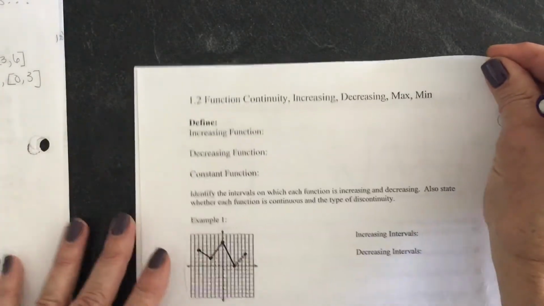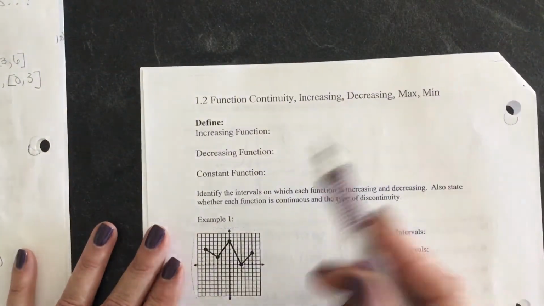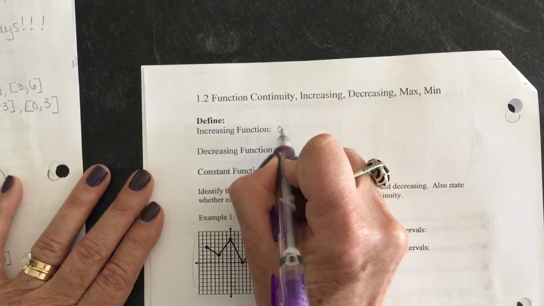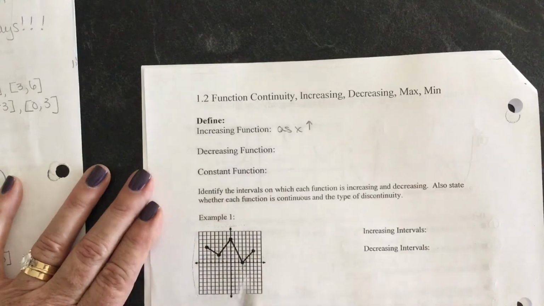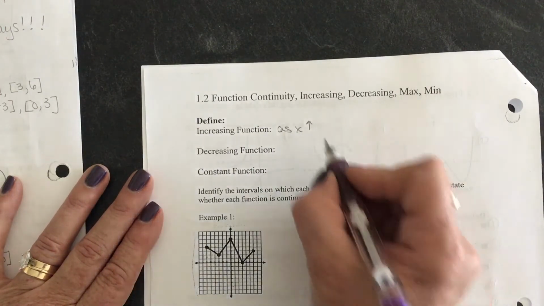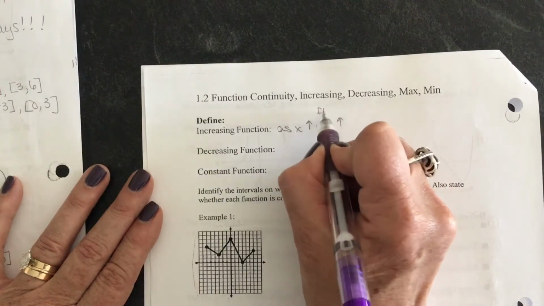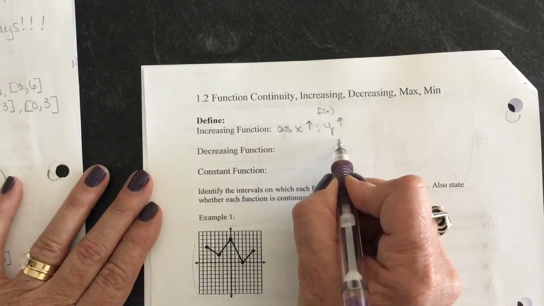So if you flip your notes over, here we can define an increasing function as one that, as x increases, and I'm going to just shorthand using arrows, also then y is increasing. You could also say the function is increasing.